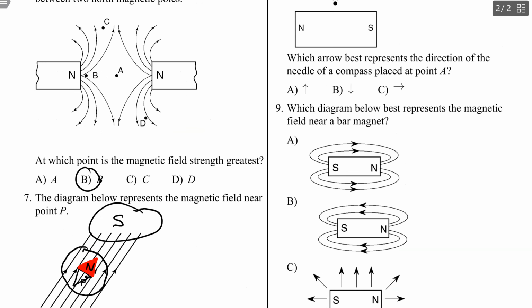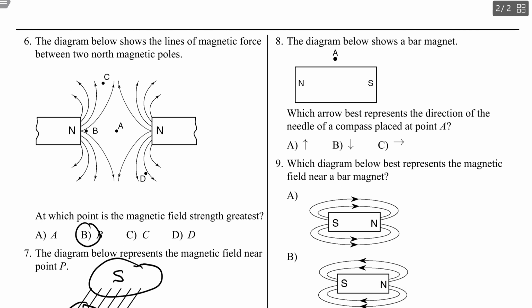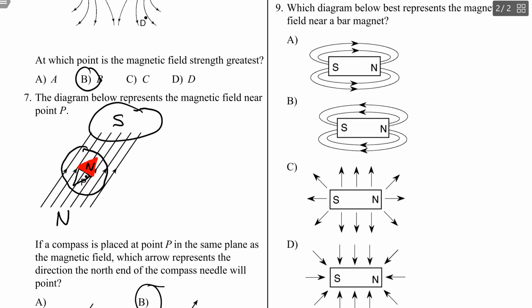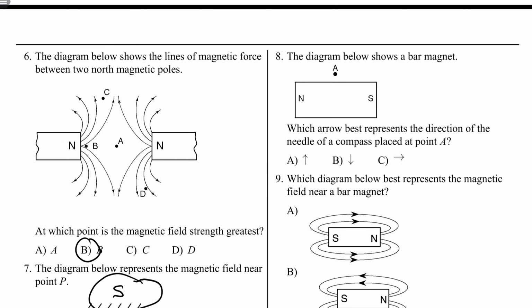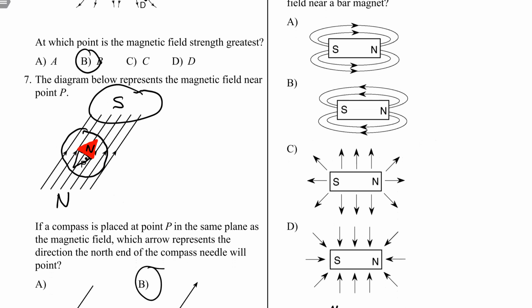Okay, so let's see. Number 8. The diagram below shows a bar magnet. Which arrow best represents the direction of the needle of a compass placed at point A? So you have to know the needle of the compass is where the north end is. That's why I put 7 before 8, because it reminds you the north end of the compass needle is the thing that points.